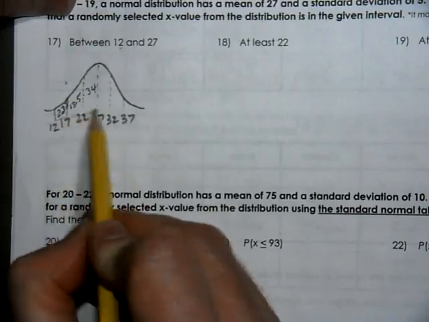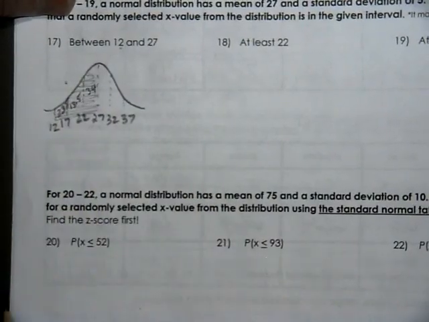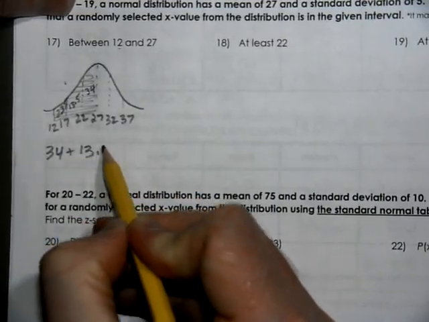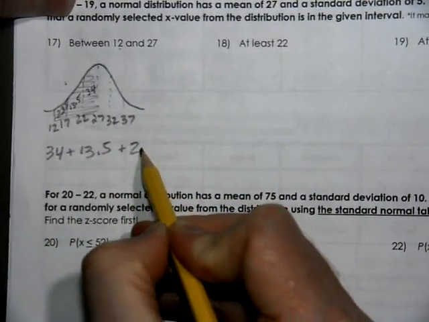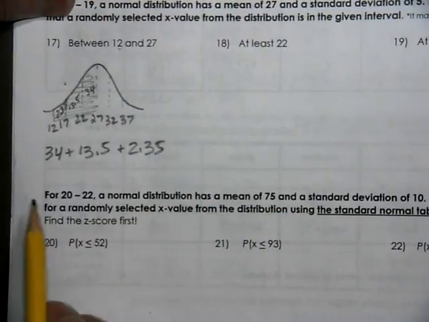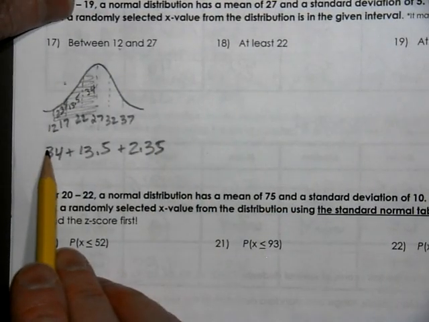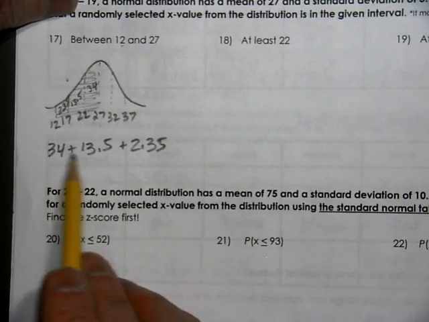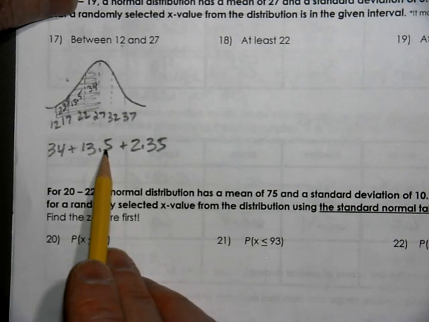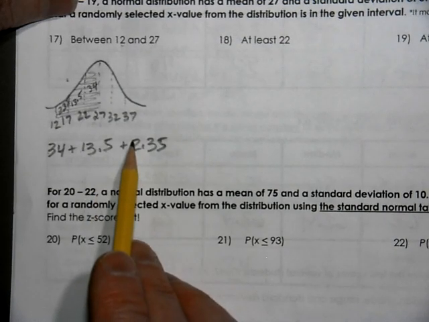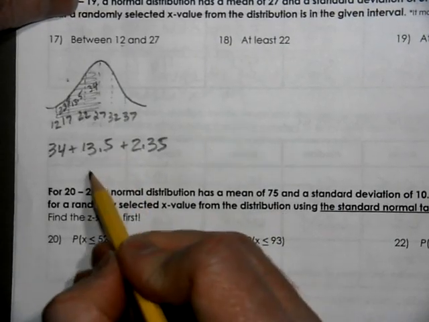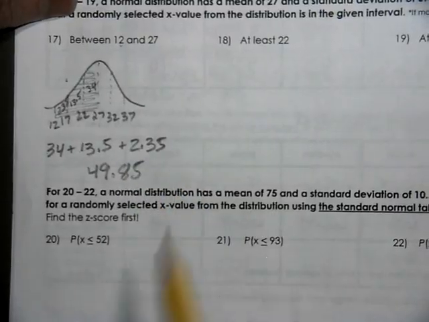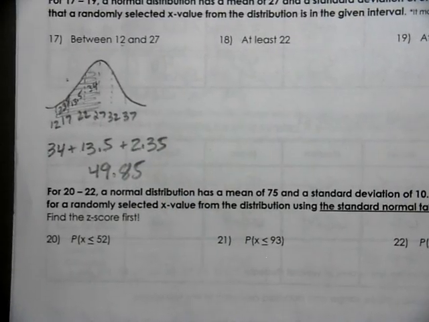So we are all in between there. So we have 30, 40, 47.5, 49.85. That would be a percent.